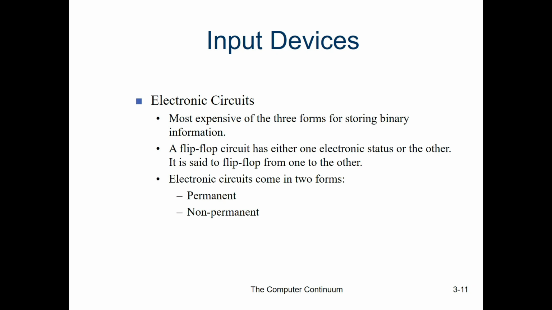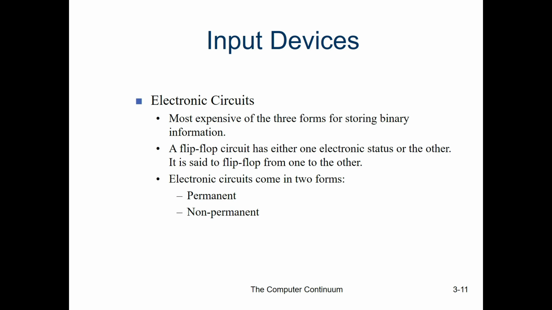And electronic circuits could be of two types. It could be permanent and non-permanent. Like the SSD card in modern computers, they are permanent. Once you store something into the SD card, it will not be removed unless you remove it yourself.